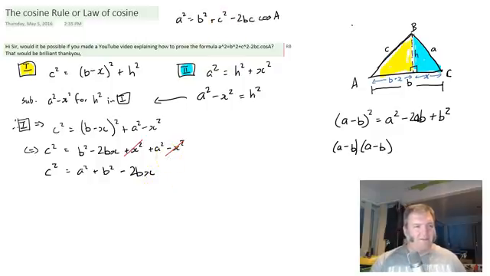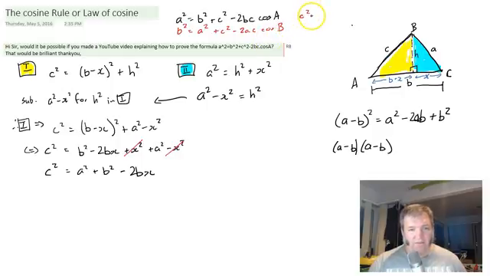I think we can. Some of you are saying, but hang on, sir. This is c squared. Your other one says a squared in the cosine rule. But remember, when we label these things, it's totally arbitrary which one we called a, b, and c. I could just as easily write this rule as b squared equals a squared plus c squared minus 2ac cosine of b.